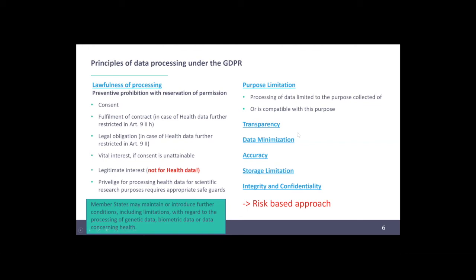So data minimization and accuracy are the data governance implications here. Storage limitation means that you have to delete the data when it's no longer used. And integrity and confidentiality refer to data security. So we're missing here from the CIA triad the availability.